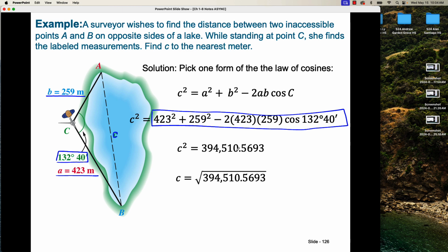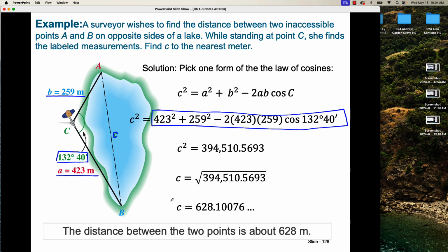We are only interested in the principal or the positive root because we are finding a distance, and that will be approximately 628.10076 and so on, and that is in meters. So the distance between the 2 points is about 628 meters.